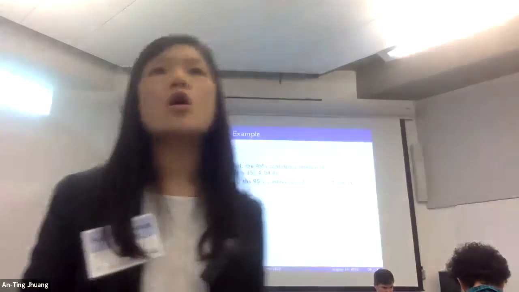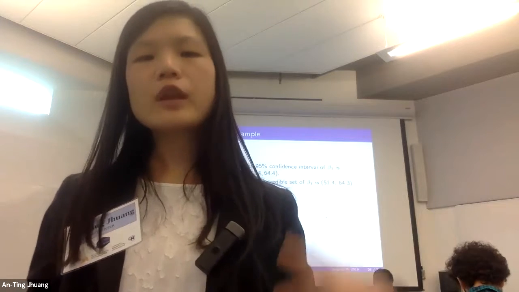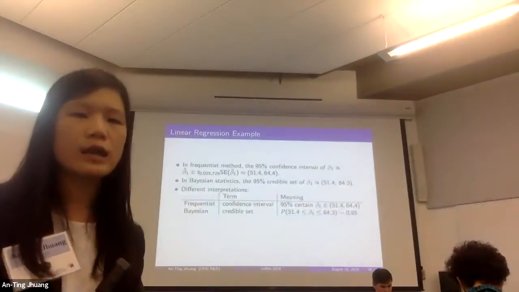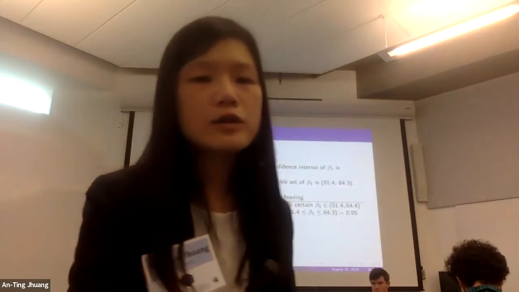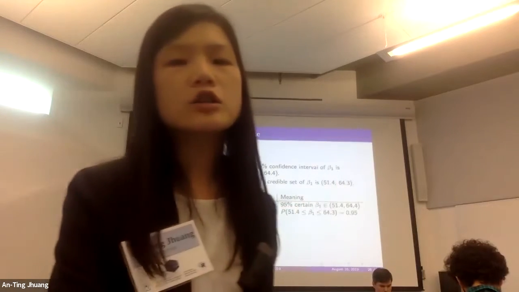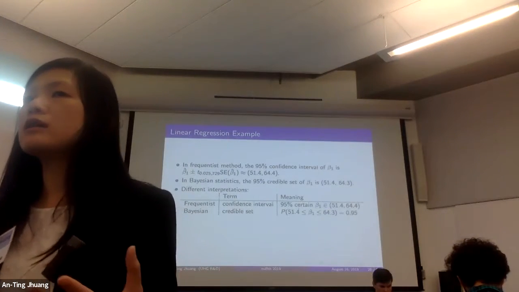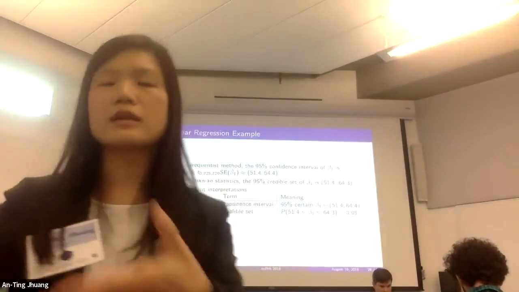Okay, so in this slide, I want to talk about the different interpretations of the inference for beta 1, the slope. We can get the results from frequentist and Bayesian models. In frequentist, we call it a confidence interval. It is a repeating procedure concept. Once I get a 95% confidence interval, it means that I am 95% confident that beta 1 locates in this interval.